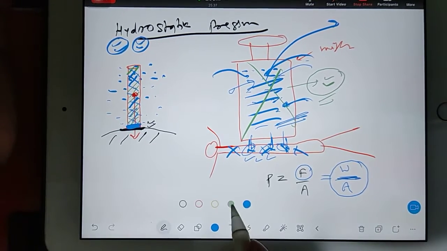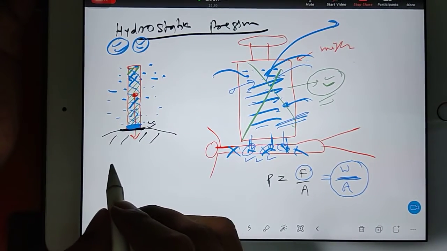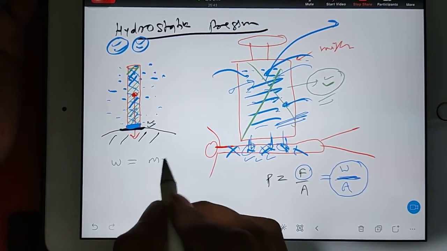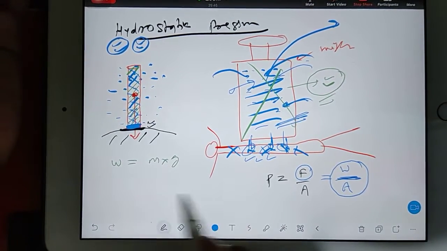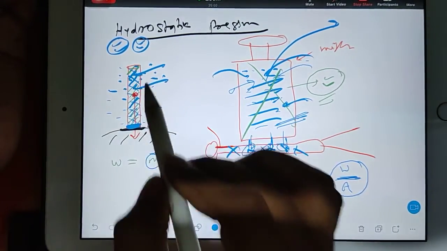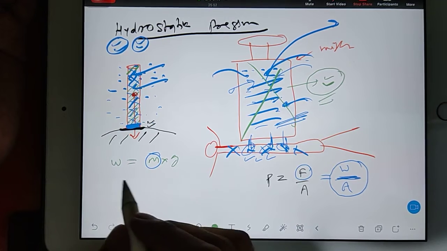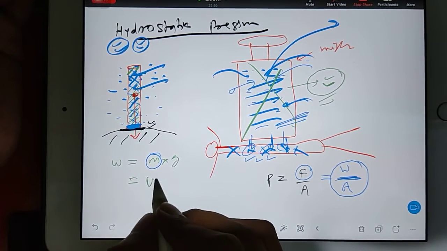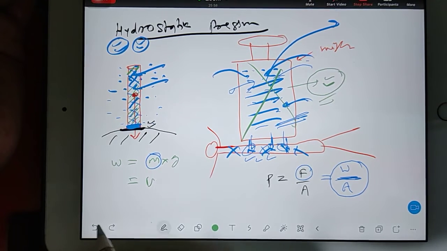Actually, how it is working: first of all you should know how to find out weight. Weight is nothing but mass into gravity. Then you should know which mass we are talking about. We are talking about the mass which is trapped inside the cylinder. Mass is nothing but volume into density.